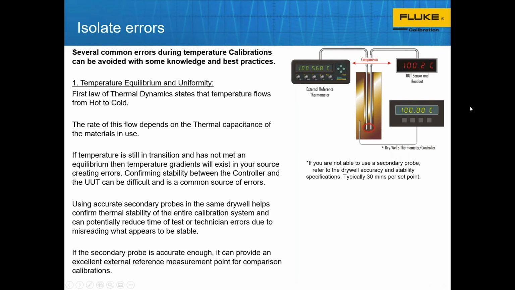Now, if this is my sensing device that I'm using to control the heaters in the dry well, and I want to hit 100 degrees Celsius, it's tempting to get this block all to 100 degrees. One of the things we can do is put this secondary reference probe in and make a secondary reference measurement that is closer in point and more accurate, based on the fact that it has more accurate capabilities, to our unit under test. So we run two probes simultaneously and make a comparison measurement.